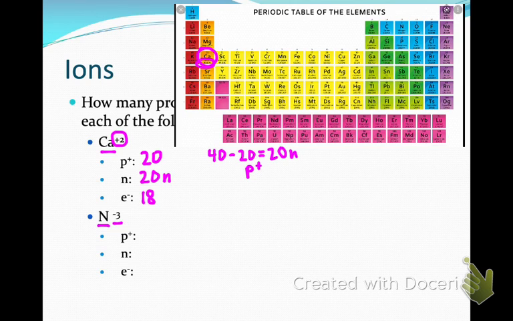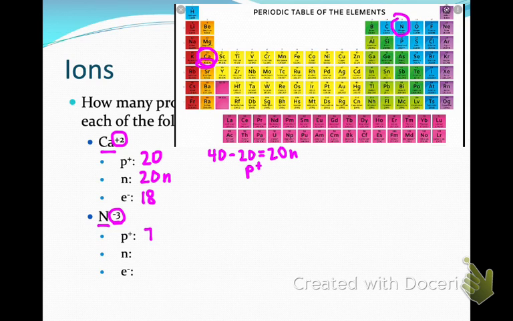Okay, if I'm looking at N minus 3, there's nitrogen right up there. Always 7 protons. That number is never going to change. My number of electrons, however, it says my charge is minus 3. It does not mean I subtract 3 electrons. It means I have 3 extra electrons.